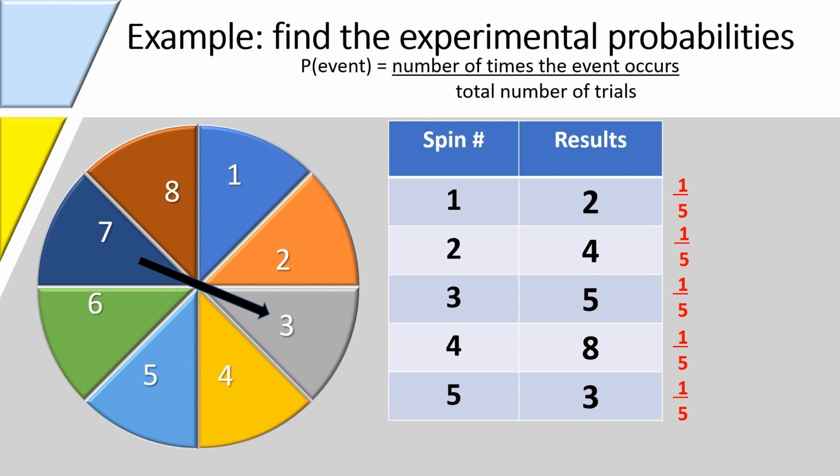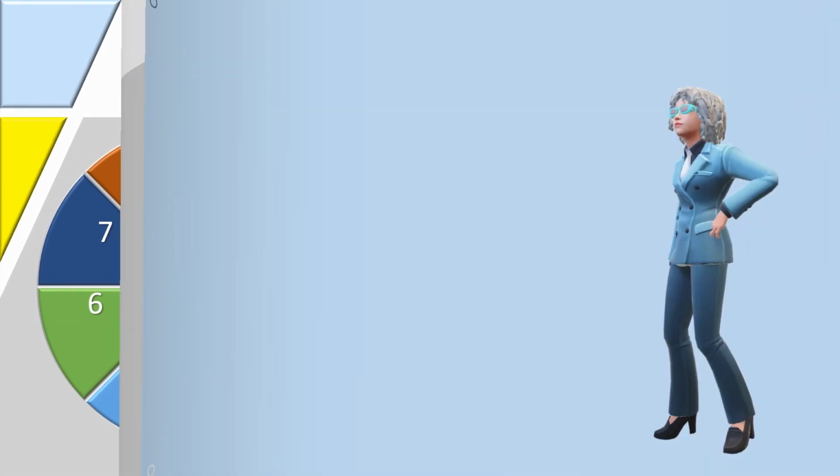So for example, what if I had done 6 spins and had gotten a number 3? Then that means that this would be 2/5. Right?